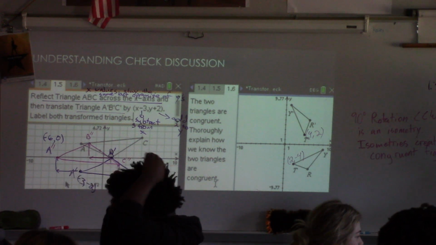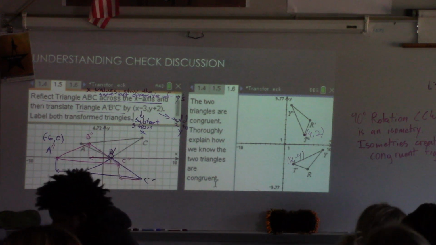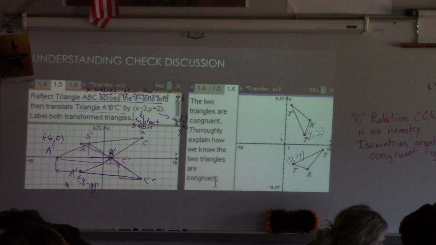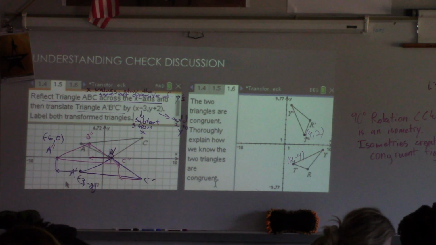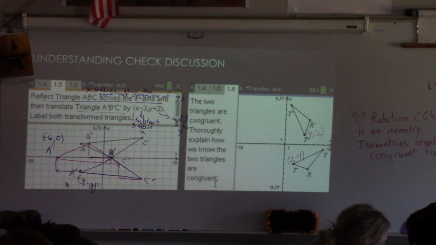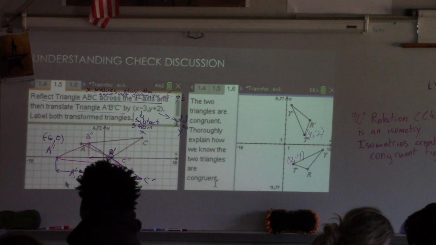Figure is another word for a shape. So I need y'all to recognize that this is a rotation, which is an isometry, and an isometry creates congruent figures. That's important.